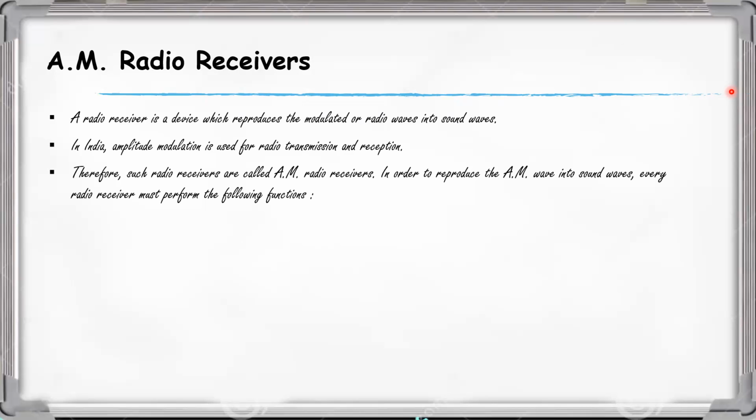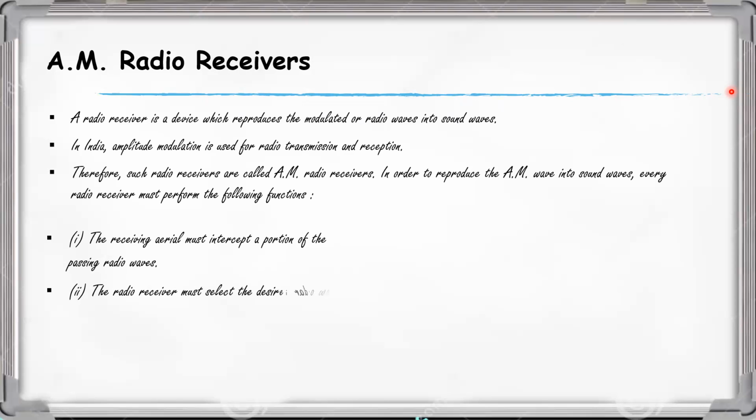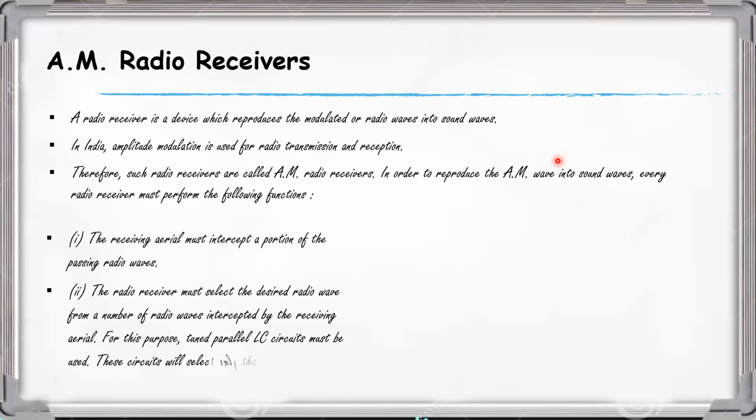To reproduce a sound wave from an AM modulated signal, a radio receiver must perform the following functions. First, the receiving aerial must intercept a portion of the passing radio waves.